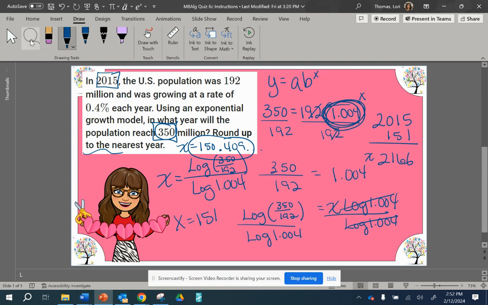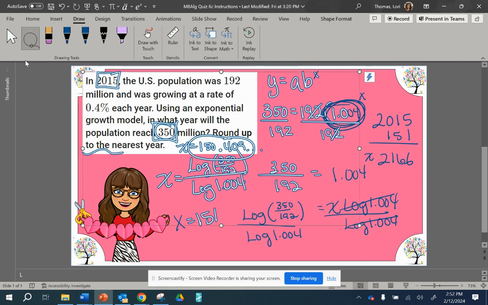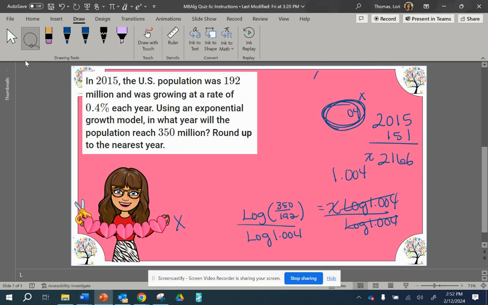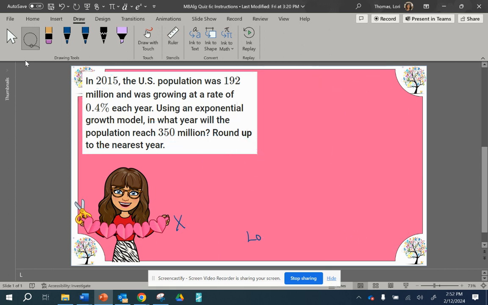So what I'm going to do now is just write the formula for us. Okay, so here is our formula. The total population equals our initial amount times our growth factor, which is 1 plus the rate, raised to the x.